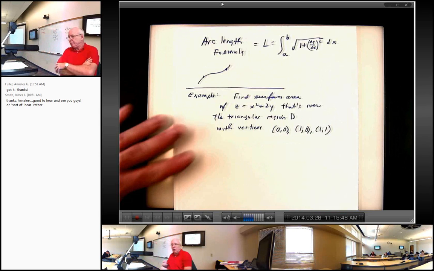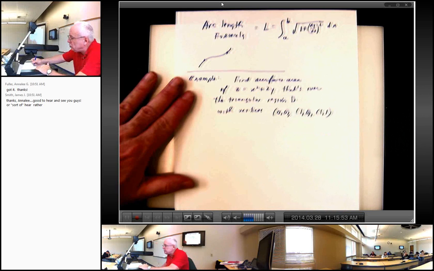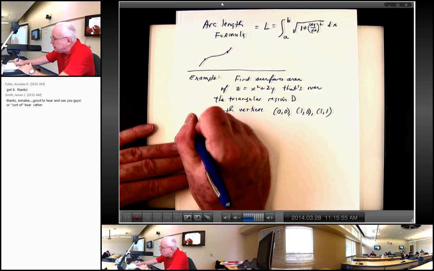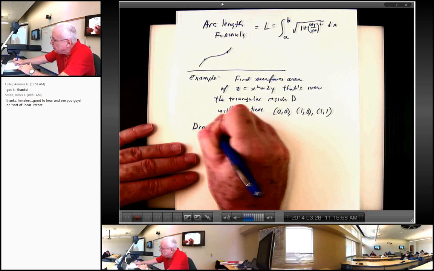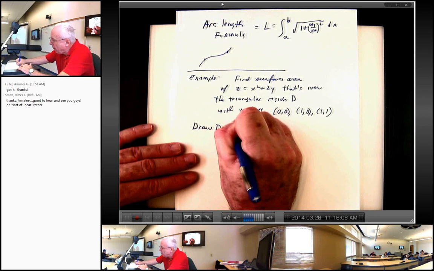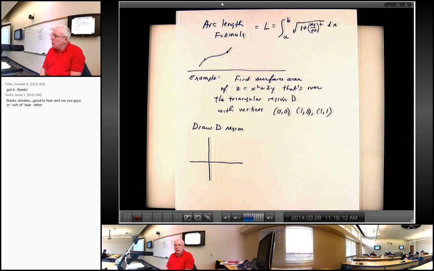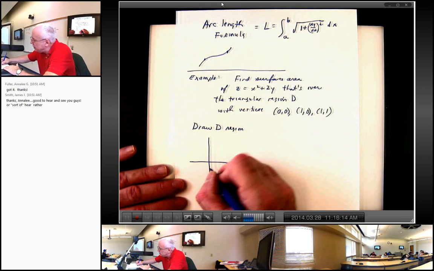What you need to do here is draw the D region. What are our vertices? There is (0, 0), so this is y and x.